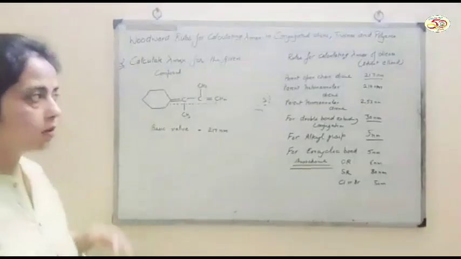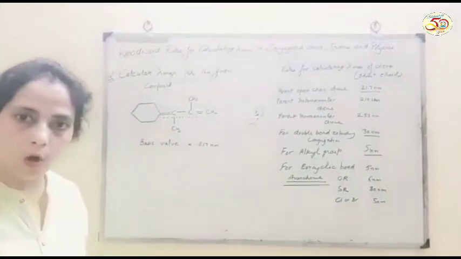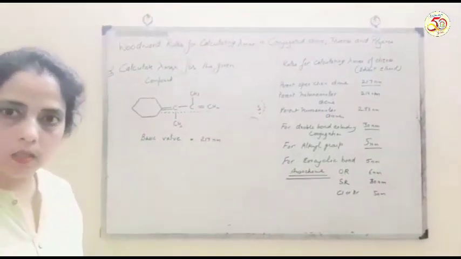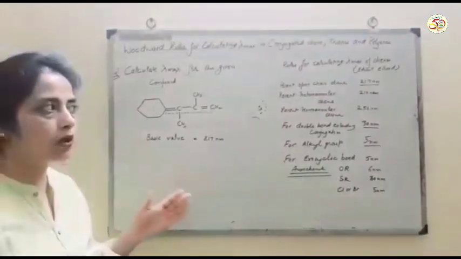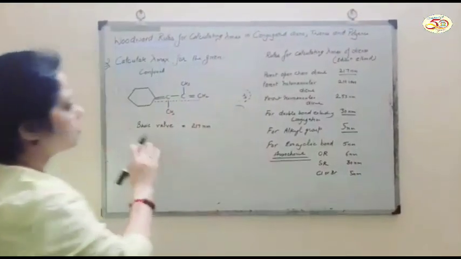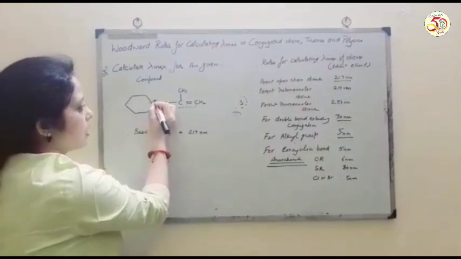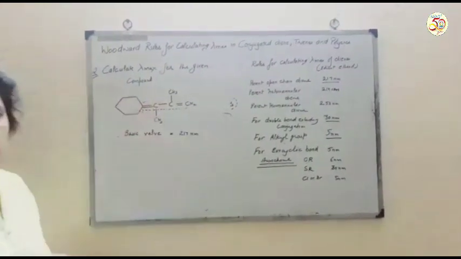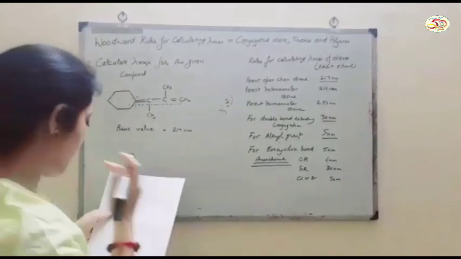Now we have to see whether there is an alkyl substituent, exocyclic bond or conjugation present or not. For each factor we will add the particular value from the Woodward rules. Now if you see, there is one exocyclic bond present in the compound.